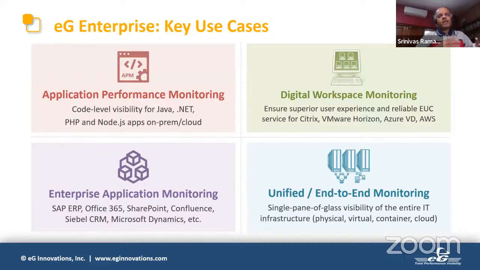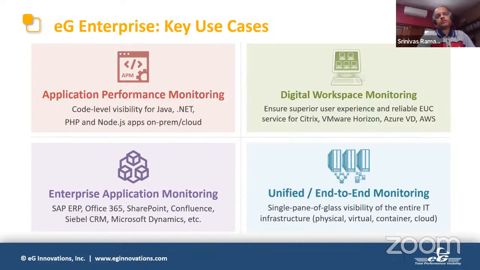Now, while our solution can cover a lot of areas, there are four main areas where our solution is very, very good. So these are the four areas that I'm going to cover today. First one is monitoring application performance. And by application performance, I'm focused mainly on web applications.